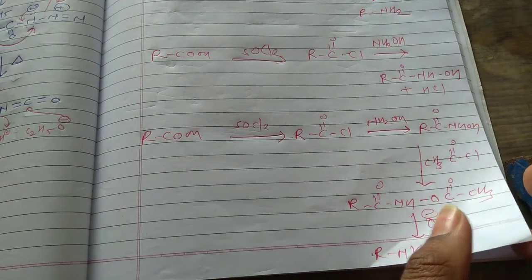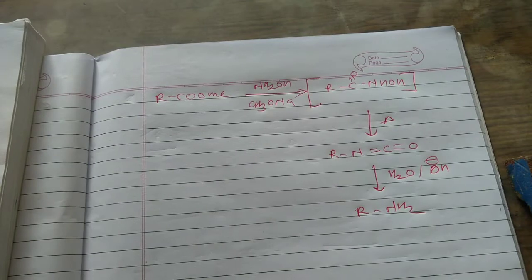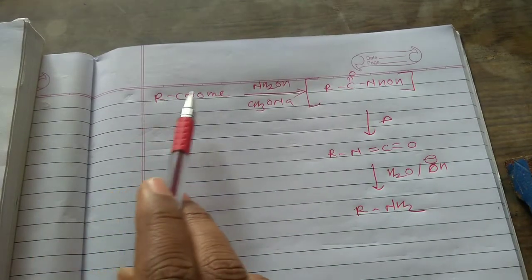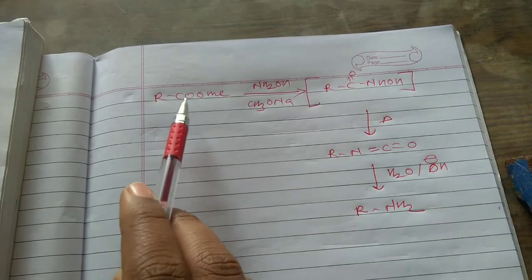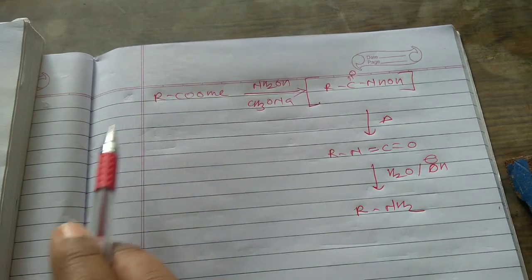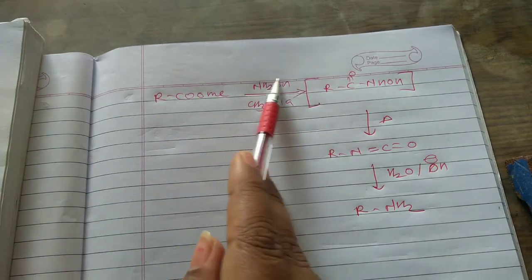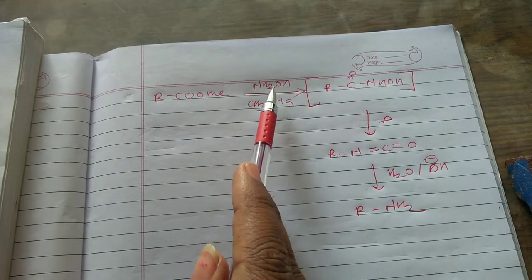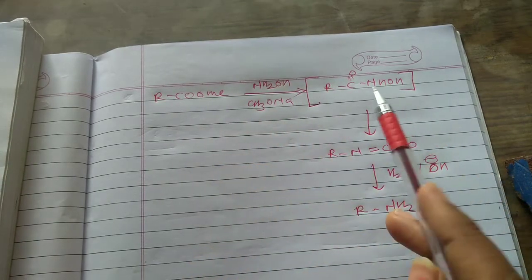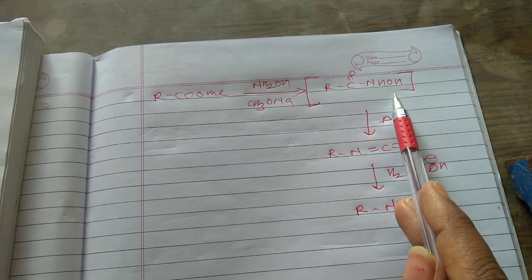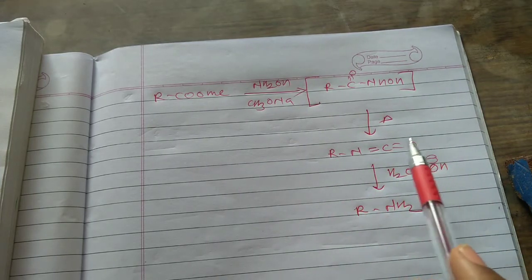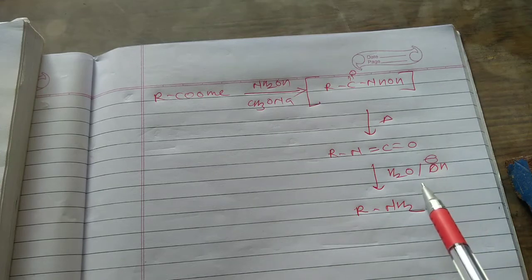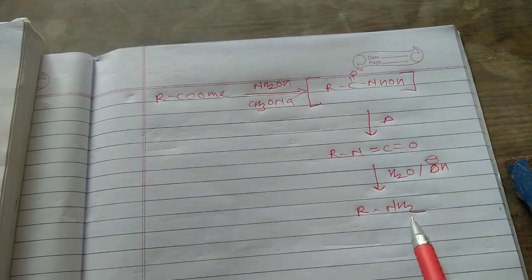In this reaction, methyl acetate is reacted with NH2OH, hydroxylamine. Then there is a formation of hydroxamic acid. On heating, there is a formation of isocyanate, and this isocyanate on reaction with the water molecule forms the amine.